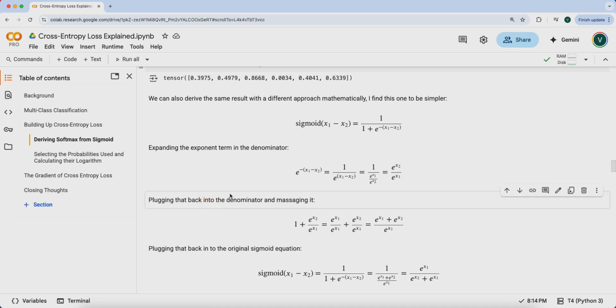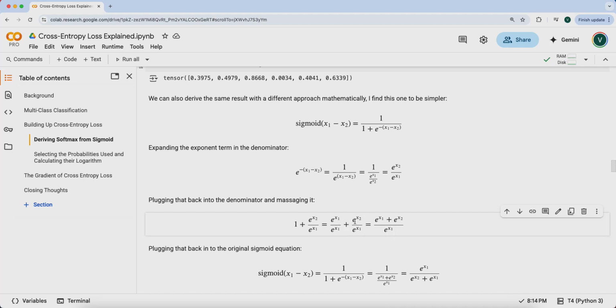So let's plug that back into our denominator. 1 plus e to the x2 over e to the x1. I see e to the x1 is the denominator. So instead of 1, I'm going to do that same trick again. I'm going to rewrite 1 as a fraction. And I'm choosing the fraction so that I can have the same denominator, so I can simply add across. So I have e to the x1 over e to the x1 plus e to the x2 over e to the x1. E to the x1 plus e to the x1 in the denominator is e to the x1.